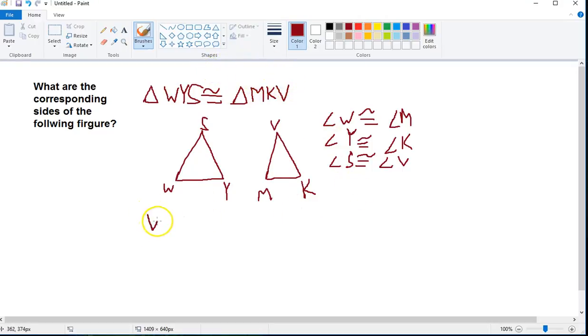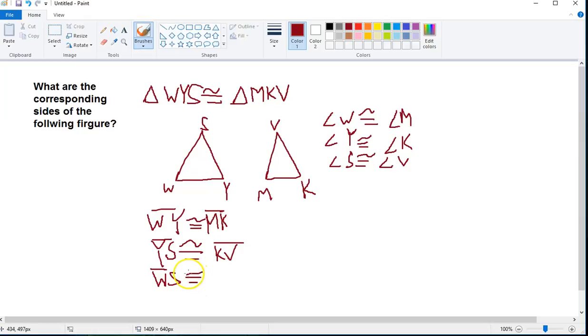So the sides would be WY and MK, YS and KV, and WS and MV.